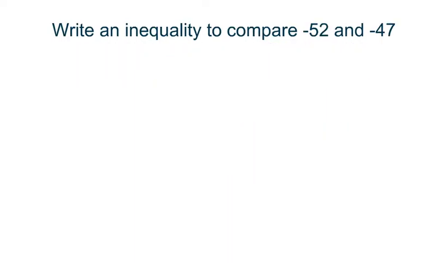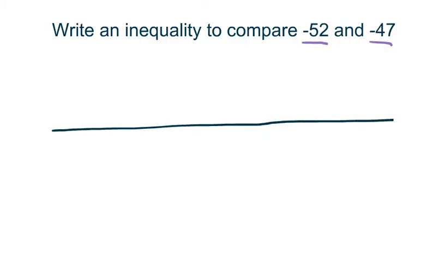Sometimes we're not always given a number line, and especially with numbers as large as -52 and -47. When I'm asked to compare numbers like these, I like to quickly sketch a number line and place 0. Since these are both very large negative numbers, I'm going to place 0 somewhere on the right, because I know these numbers exist on the left. So I'm going to start by putting -50 as a benchmark.